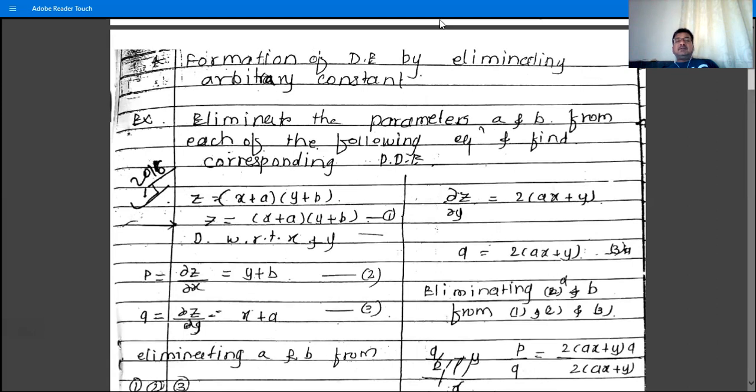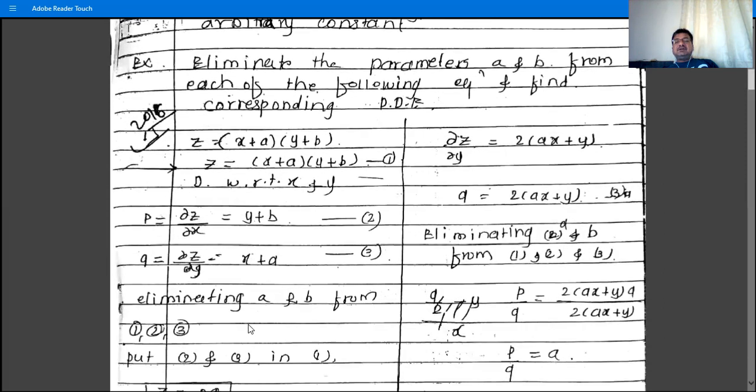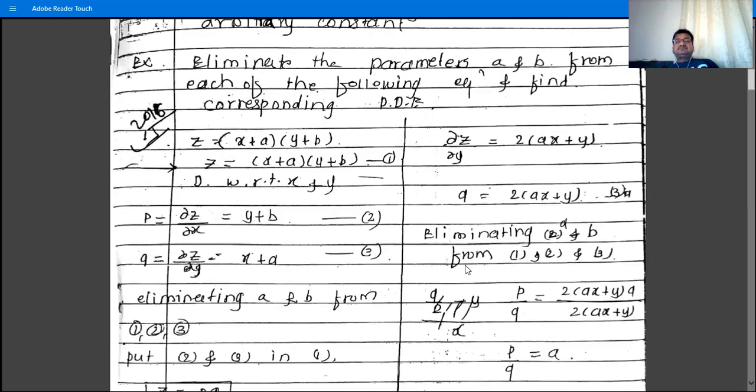If it is of the type z is equal to, then differentiate with respect to x and y, equations 2 and 3, and then eliminate the arbitrary constants from equations 1 and 2. Okay, so we'll see these problems.